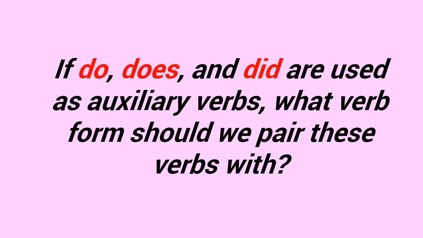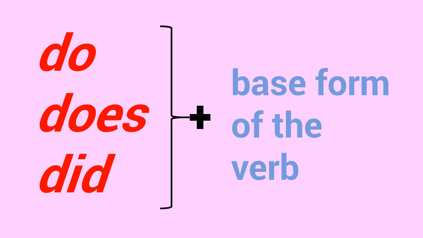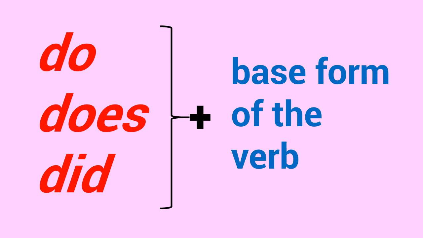Now, if do, does, and did are used as auxiliary verbs, what verb form should we pair these verbs with? The answer: do, does, and did are all paired with the base form of the verb.